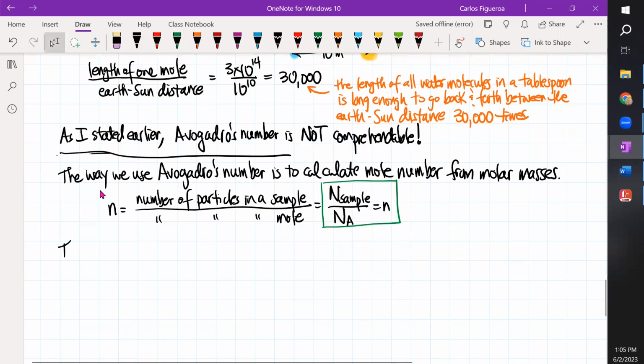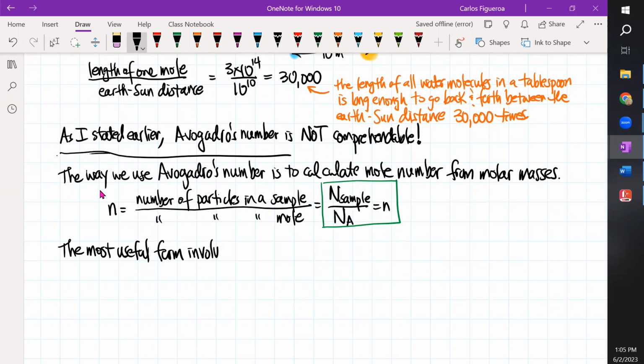The most useful form involves masses. If I take the mole number, we know that this is the number of the sample divided by Avogadro's number.